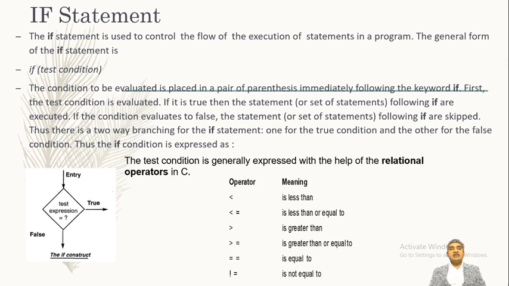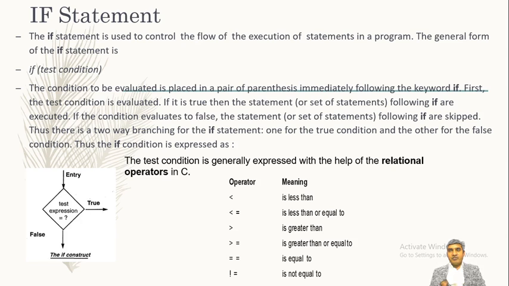The test condition is generally expressed with the help of relational operators in C. The operators are less than or equal to, greater than or equal to, and not equal to. So very simple. The if statement is used to control the flow of execution.